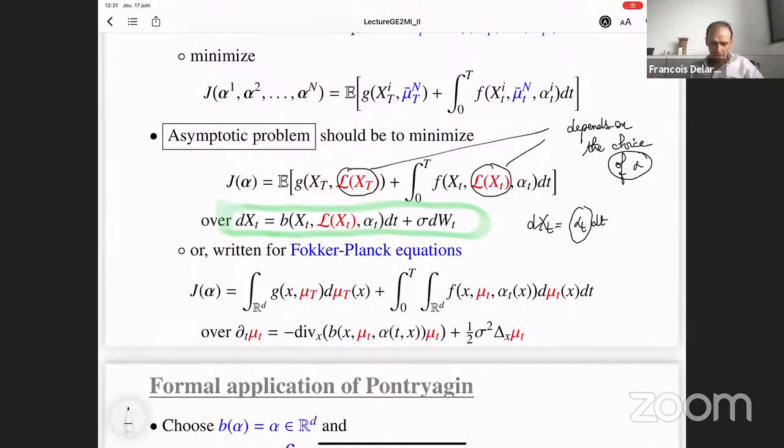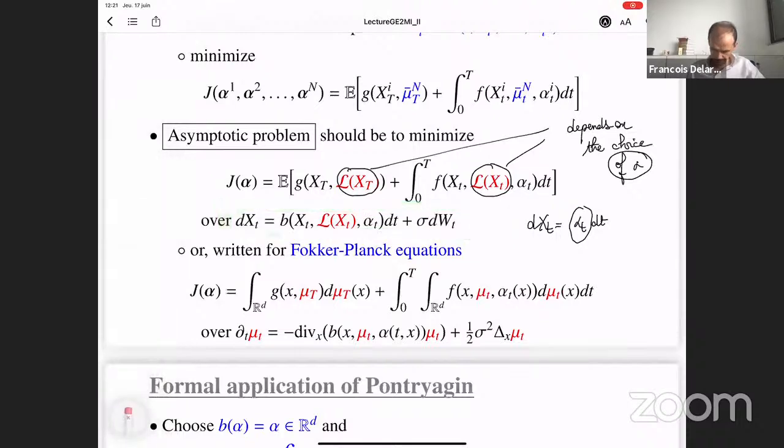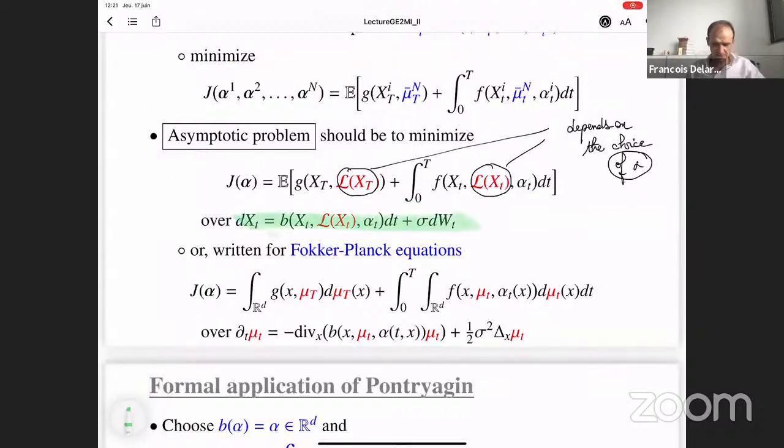Another way to recast things, beyond the single scope of optimal transportation, is to rephrase the dynamics that you have here, by saying that you play alpha as a feedback function.